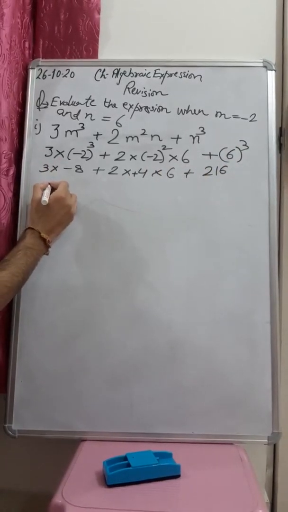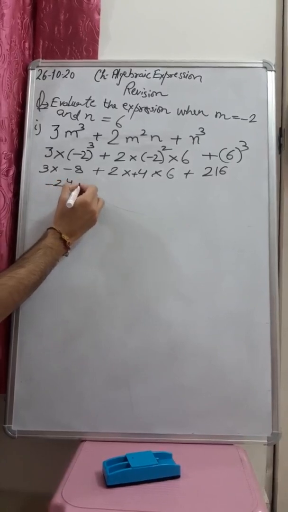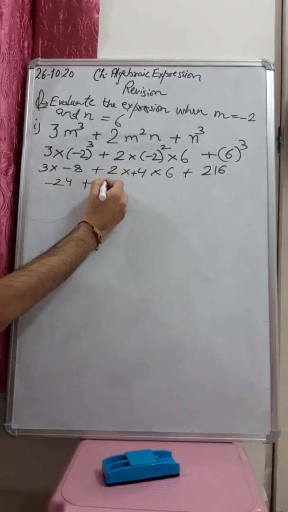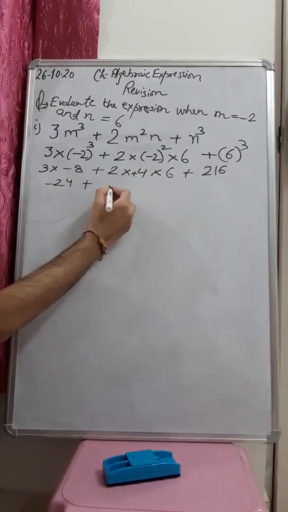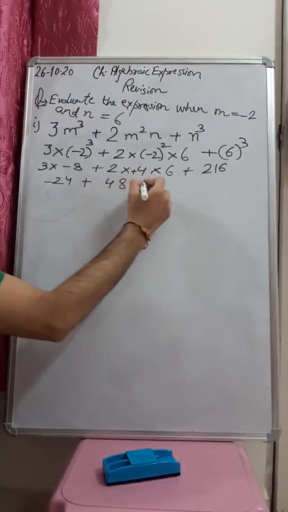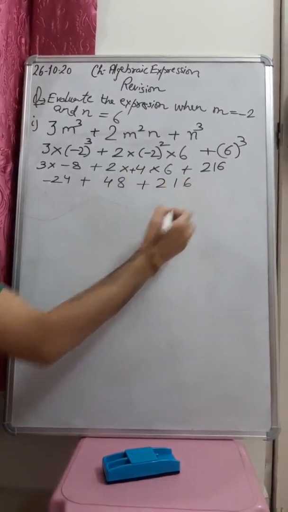This gives you minus 24 plus 48, because 2 into 4 is 8, and 8 into 6 is 48, plus 216.